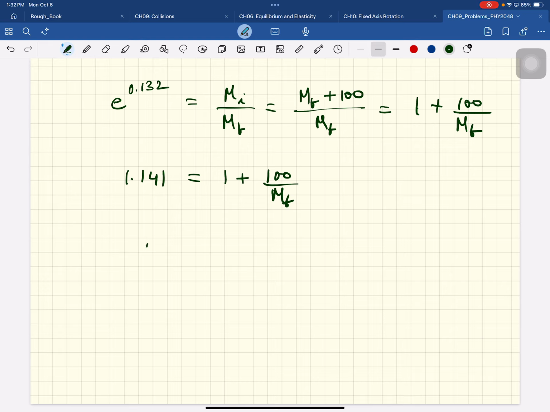Okay, so m final, you subtract that, you're left with 0.14. M final would be 100 divided by 0.14. And so the initial mass of the rocket is the final mass plus 100 kg of fuel burned, which is 809 kg.